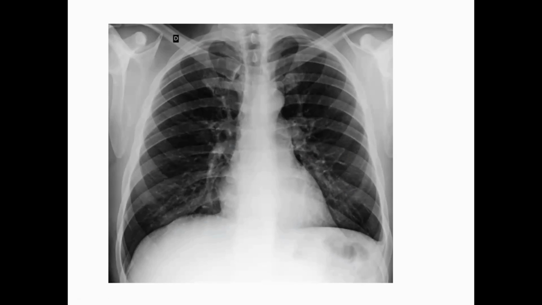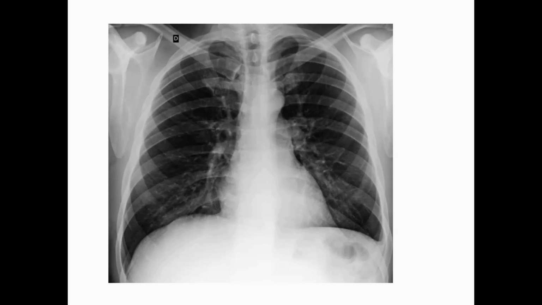For pleural effusion to be evident in the chest X-ray, it needs at least 25 ml of fluid to become evident as an obliteration of the costophrenic angles. We have another projection, the lateral decubitus film, in which the patient lies in the lateral position.